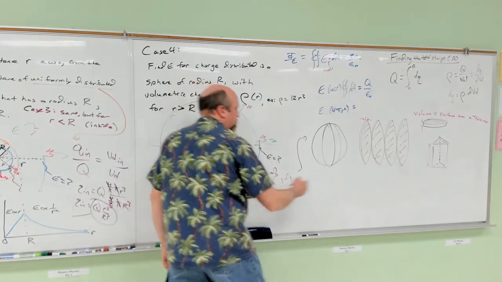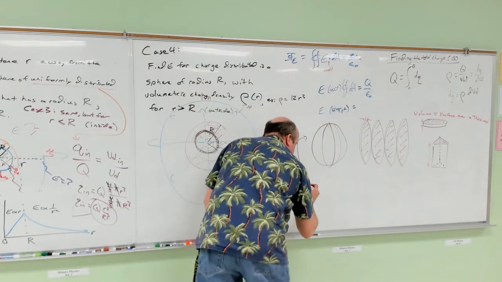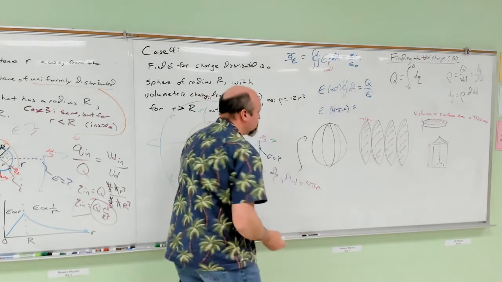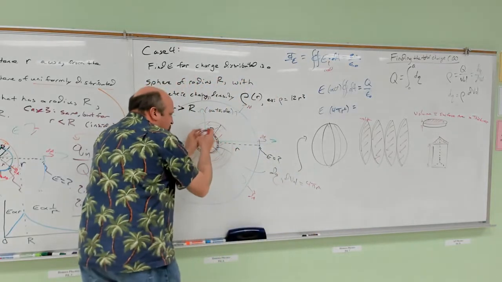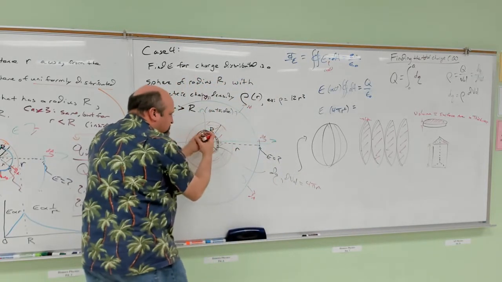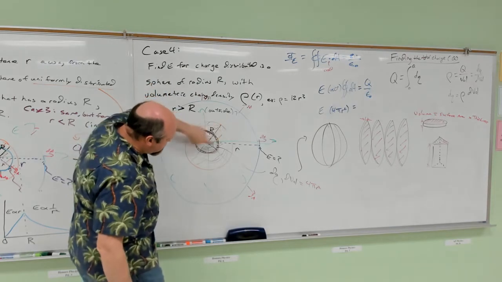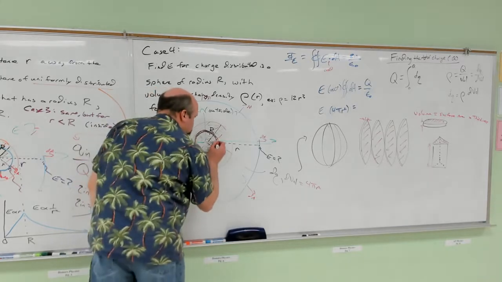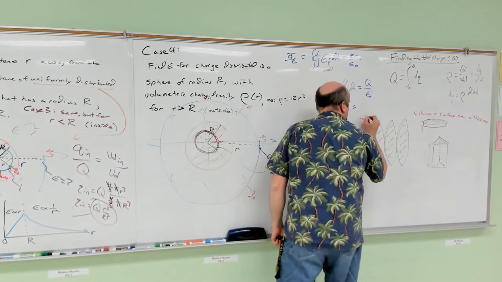So d vol here, it's the surface area, 4 pi r squared, times the thickness. How thick do we want each of these infinitesimally small, nested spherical shells to be? It's a little d in the r-axis here, a little dr. That's the thickness.